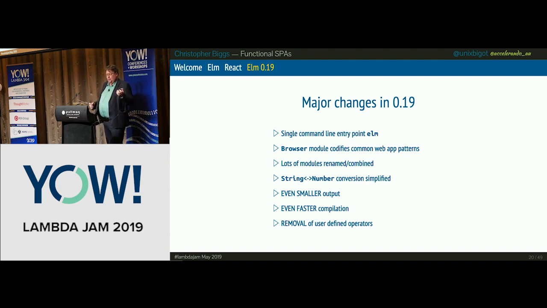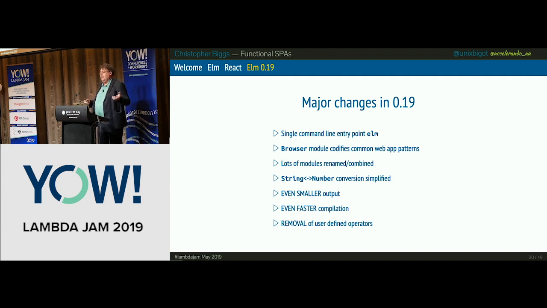And there was no one anointed way to structure a single page web app. Now, some of those modules were core modules and some of them were third-party modules. And now what's happened is that the most useful patterns have been brought into the core libraries, and all the essentials you need to build a responsive web app are unified under a single module called Browser.